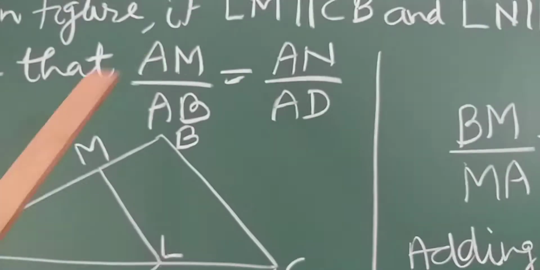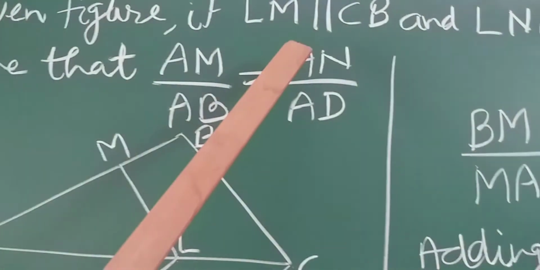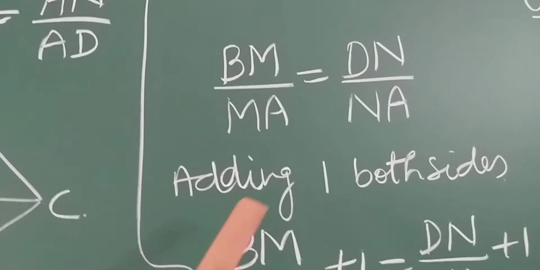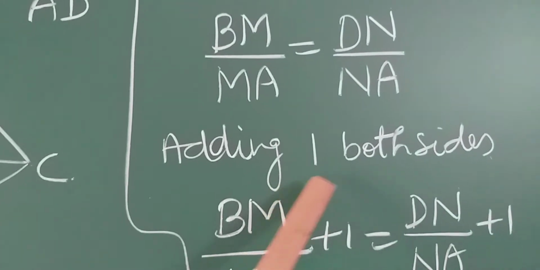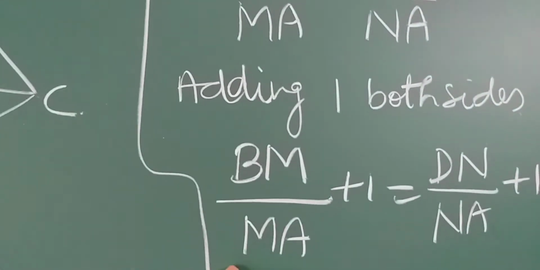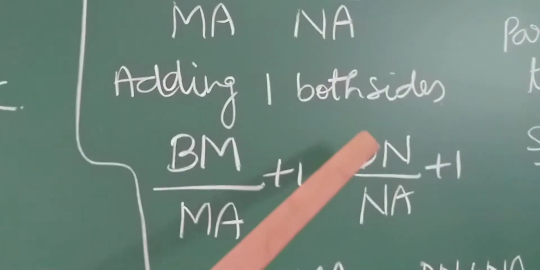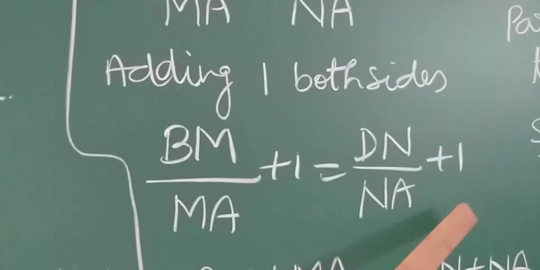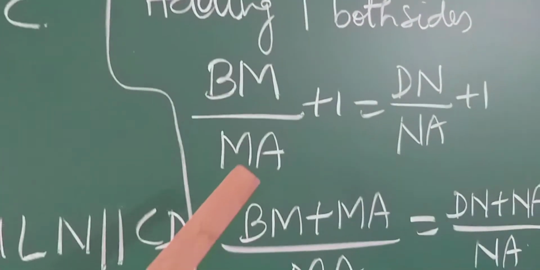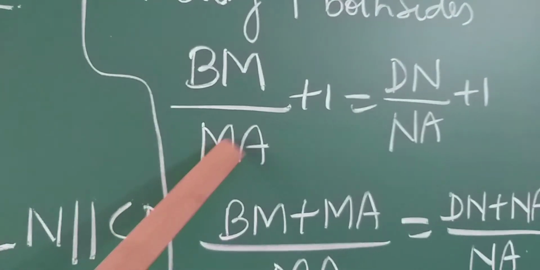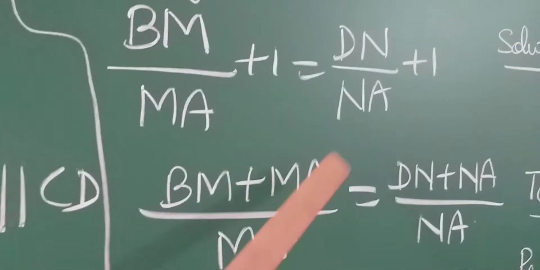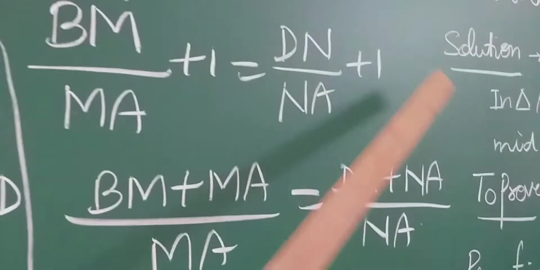Now, students, we need AM upon AB equals AN upon AD. To get this, we have to add 1 both sides. BM upon MA plus 1 equals DN upon NA plus 1. Okay, students. So take LCM here. BM plus MA upon MA, DN plus NA upon NA.